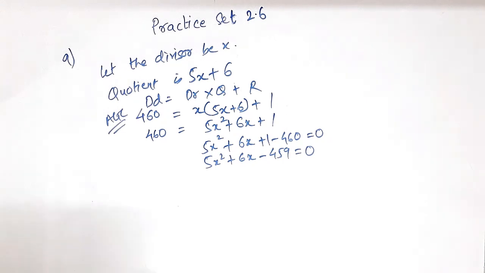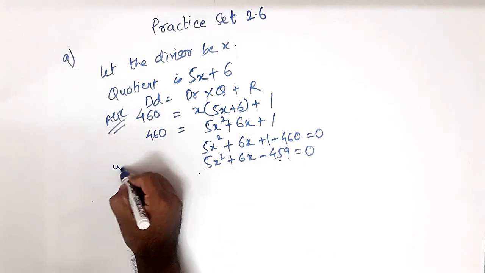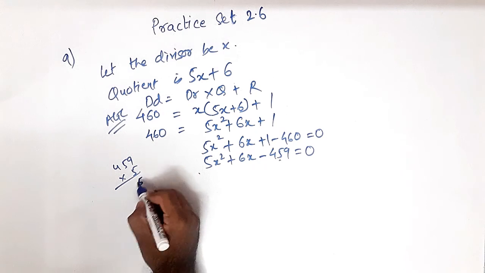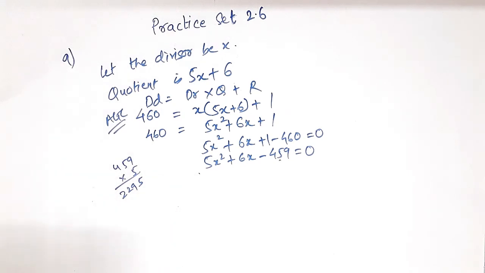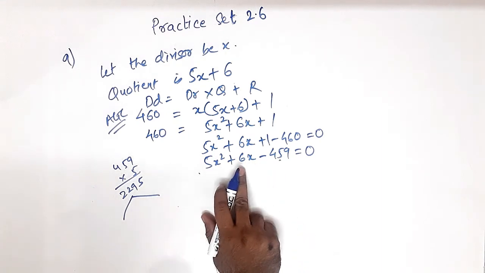Now let us see what is the product of this. 459 and 5: 5 nines are 45, 5 5s are 25 plus 4 is 29, 5 4s are 20 plus 2, it is 2295. So I want the factors of 2295 such that I get the sum as 6.